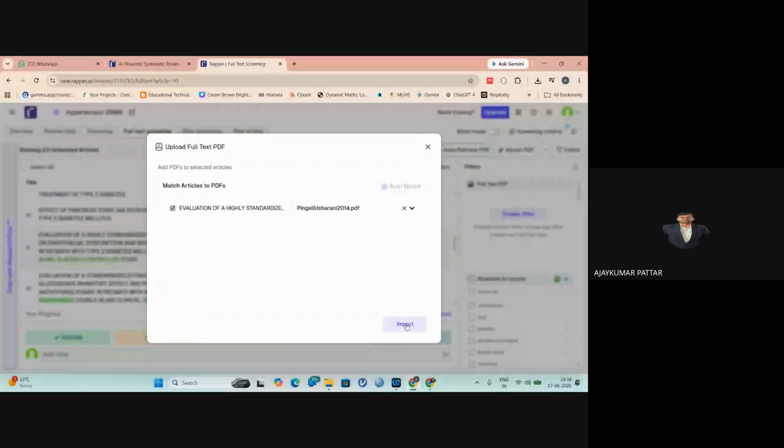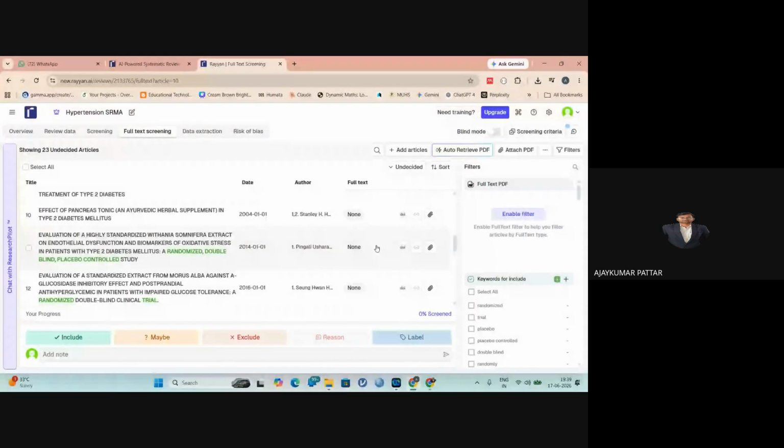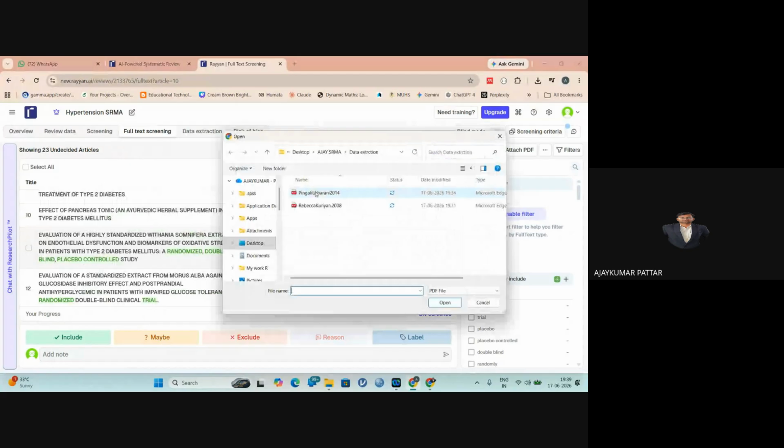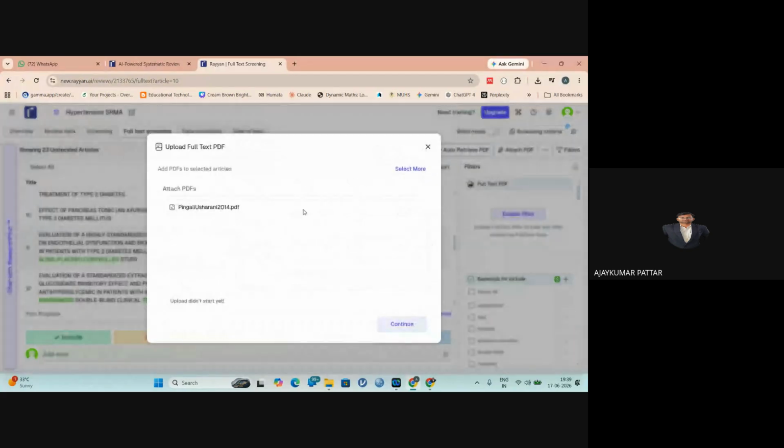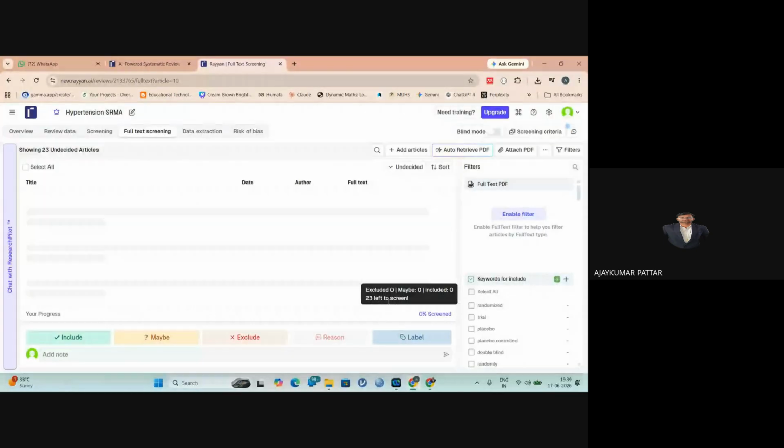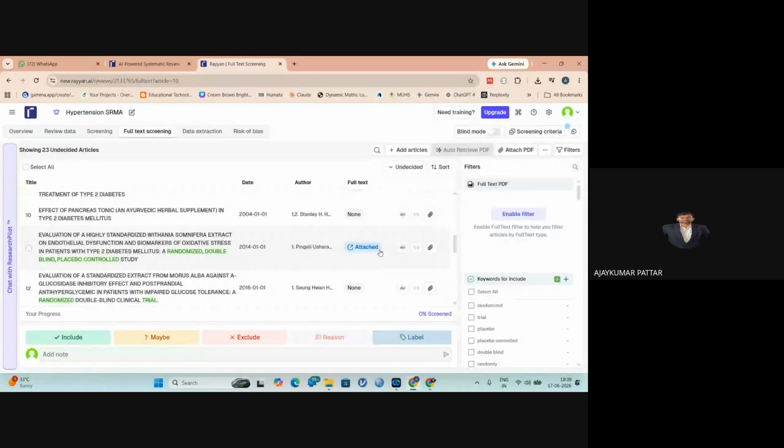Then once again I will click continue. It will take some time because of the PDF. I will click on import. So it will take time. Be sure whether it is attached or not. When the PDF is attached, it shows as attached.